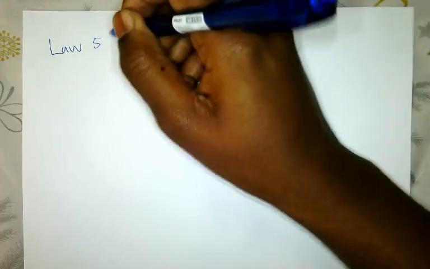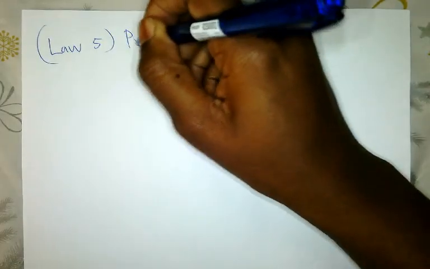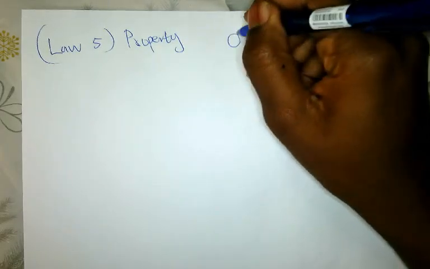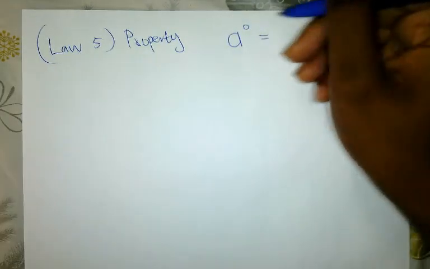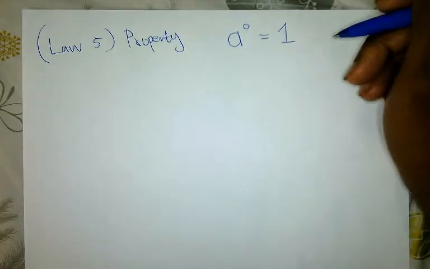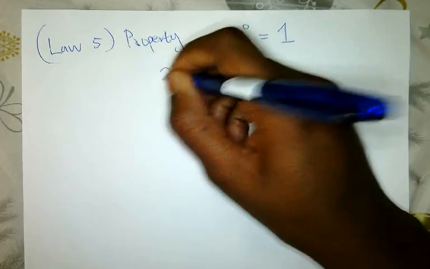Other textbooks call it law 5, but it's actually a property that says anything raised to an exponent of 0 is 1. So how do we get this? Let's say you're given x over x.